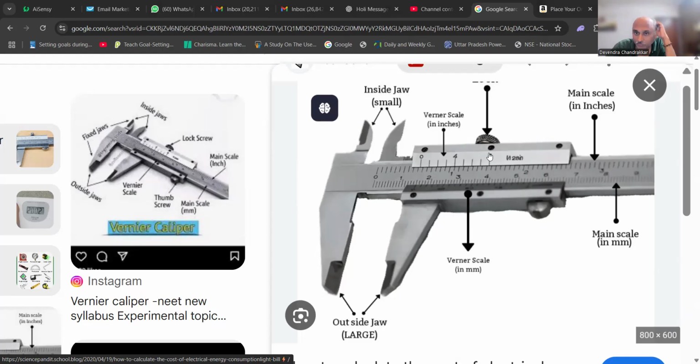Okay, now can you see the vernier scale, this vernier scale? Yes, sir. It is written in inches. So for now, this is the sliding scale which is the vernier scale, right? Now this is the fixed scale. The main scale is the fixed scale, and the right hand jaw which you are seeing and the vernier scale actually slide.